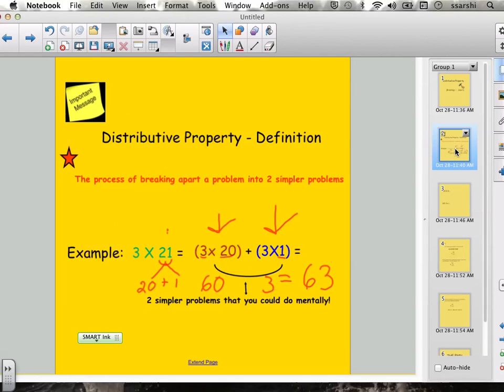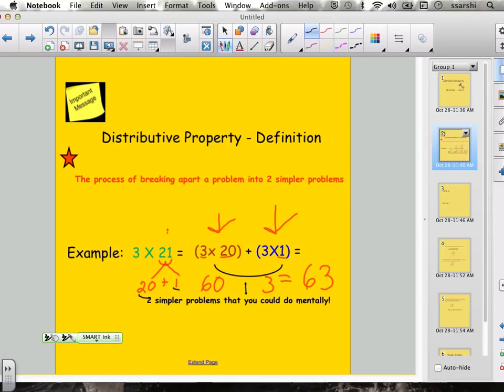So what you've seen here in the example was 3 times 21. We took our hammer and broke apart the factor 21 into two simpler parts, a 20 plus a 1. We know that anytime we have a number that ends in 0, it's easier to do any kind of math operation.